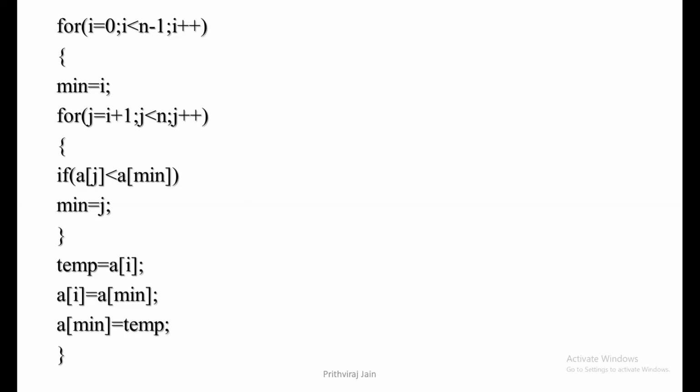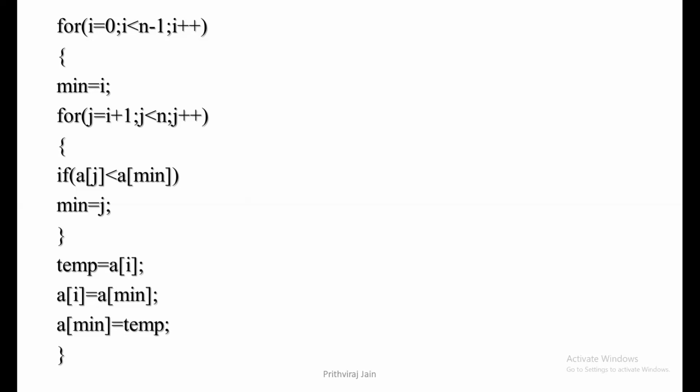So in that comparison, if we find that the jth element is less than the minimum element, then we can replace the position of min with j. So we have to keep on repeating this until the n minus 1th position.